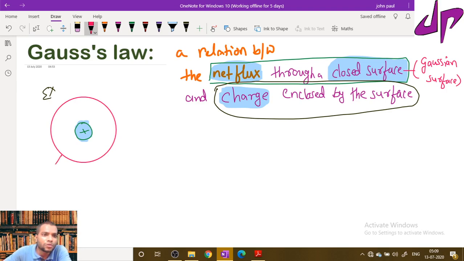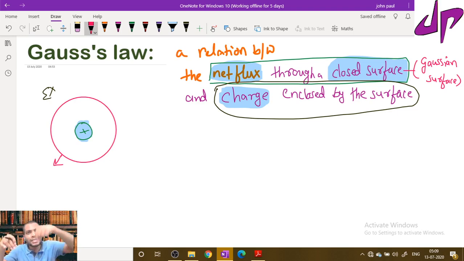Now this surface should be closed. It means suppose you take a positive charge in the air itself and you select a surface just like a balloon, take a balloon and enclose the charge, just enclose it like that.